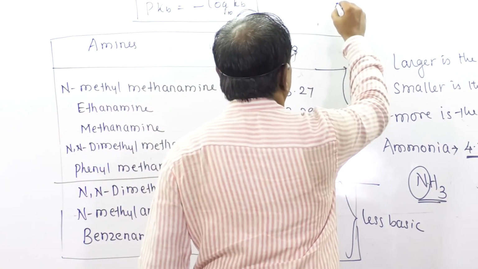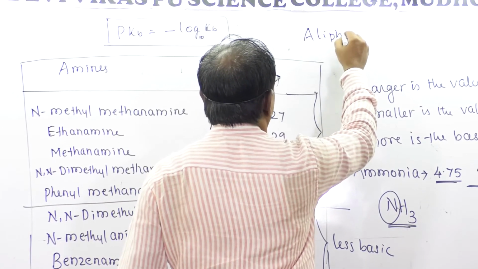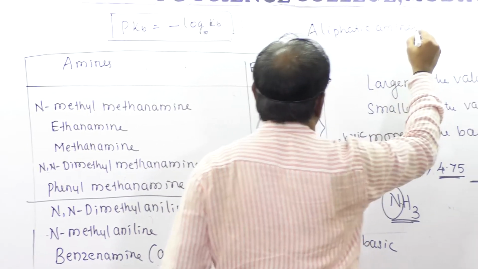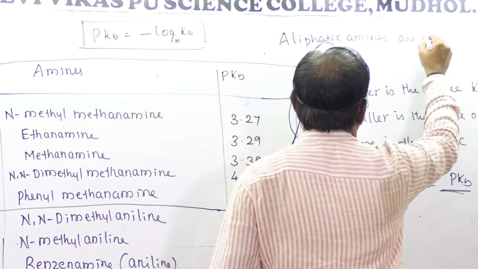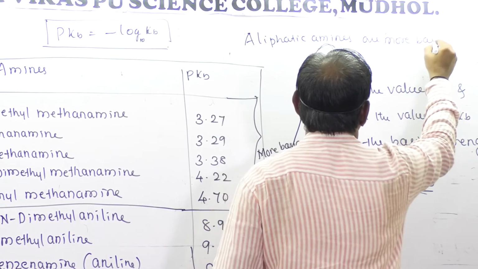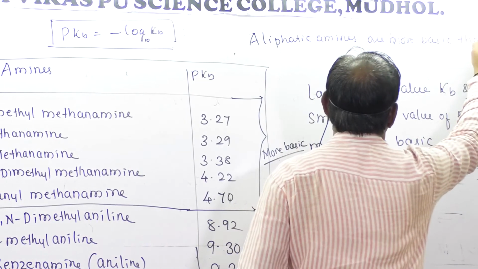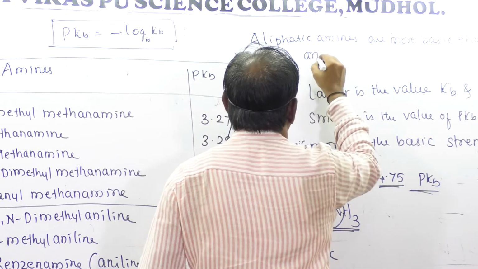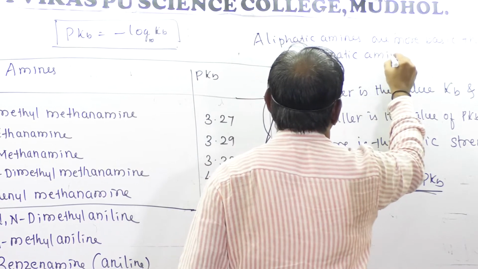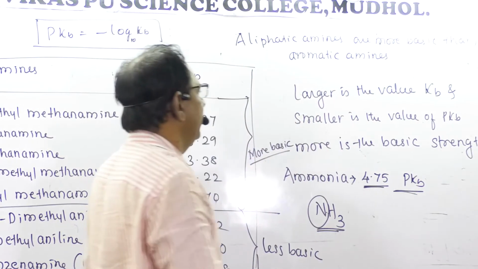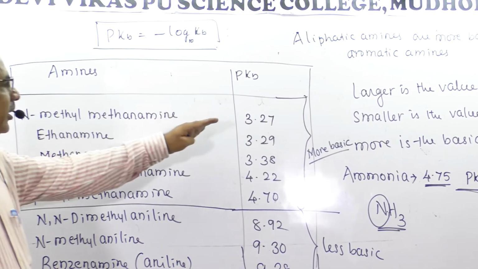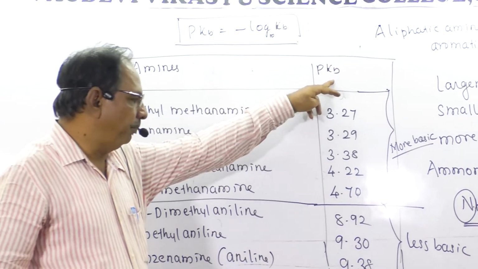So we write here: aliphatic amines are more basic than aromatic amines, which is concluded by knowing the pKb value.